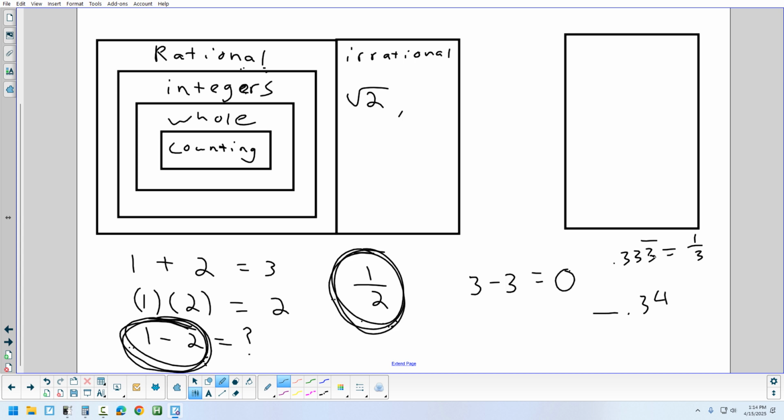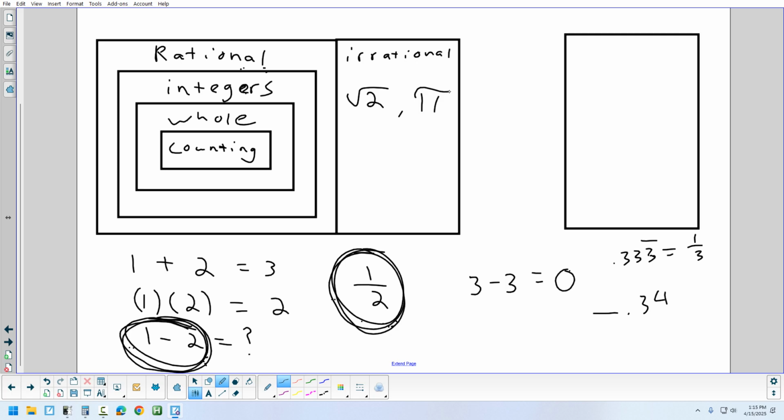Pi has no pattern to it. It keeps going on forever, but it doesn't repeat the same number over and over. You cannot write pi as a fraction. It's not possible. Some people say, what about 22 over 7? Well, that's 3.14, but then it changes. That's not exactly pi.